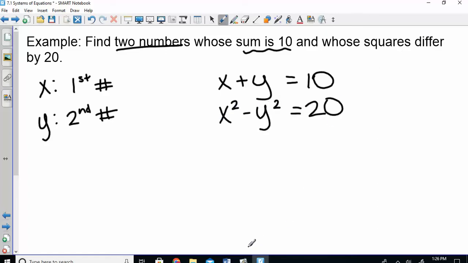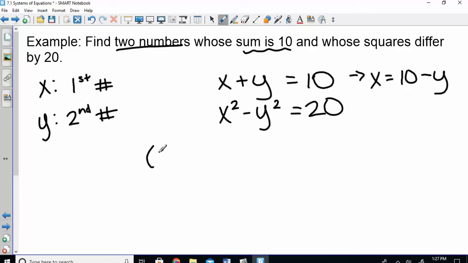Okay. So now this is like a problem that I could have given you yesterday. So we just have to decide how we want to solve it. So, okay, let's take the top one and solve for x. So x is 10 minus y.